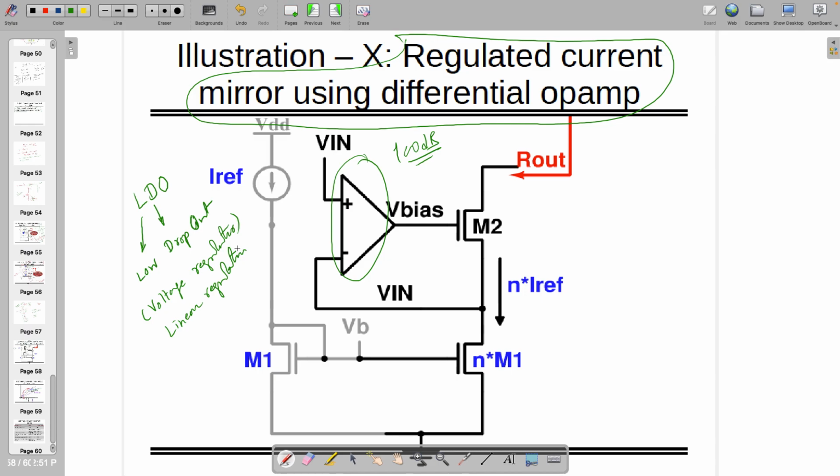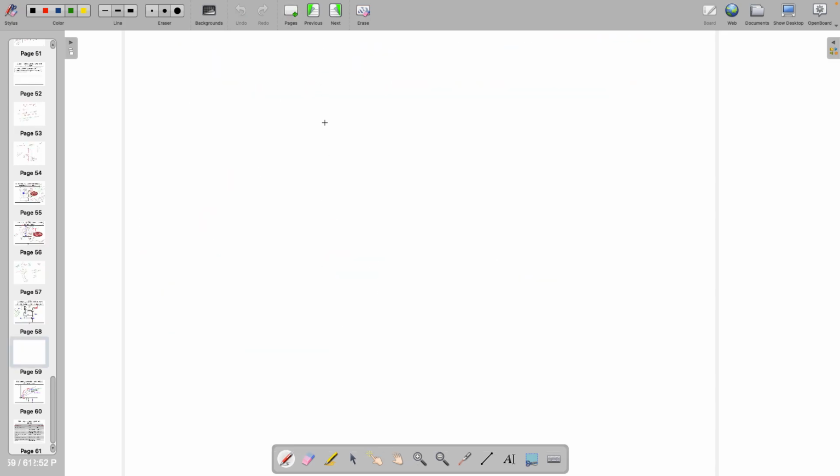So what exactly this LDO does is as follows. My main agenda is that I'm not only interested in output as current, I'm also interested in voltage as output. I do not want any one of them getting reduced.